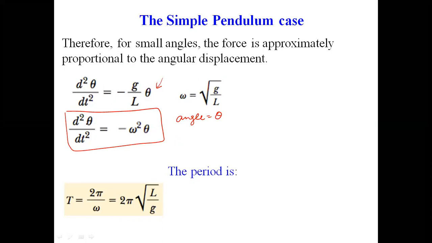Rest of the equation is the same, so we'll get the same time T is equal to 2 pi by omega. ओमेगा की value हमने 2 pi square root of L by g put की है.